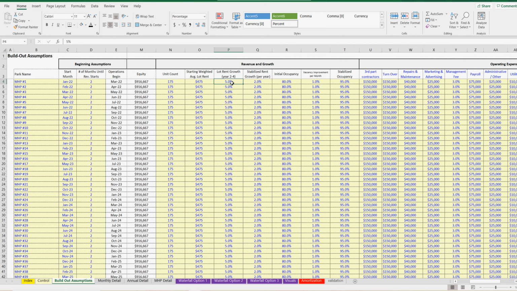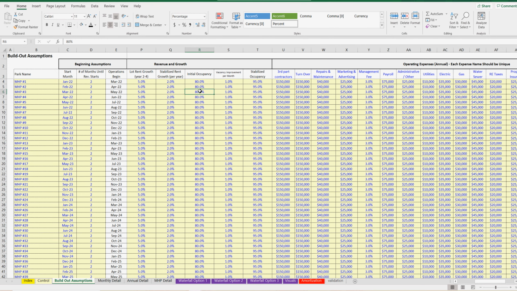Because we're going out for 16 years, I thought it was relevant to have two different rates: basically the first few years it increases higher, and then you can do a lower rate for stabilization.